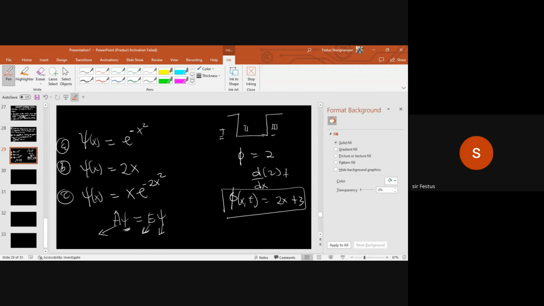Now, when you look at how we define the wave function, it is A e to the power i in bracket kx minus omega t. This is how we define it. The function has an exponential term with a certain constant.